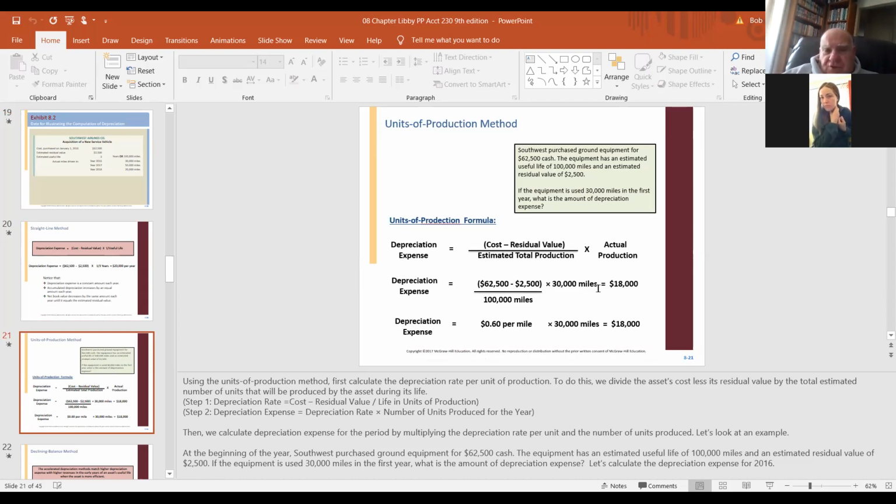In both these methods, straight line and units of production, when you're finished with the depreciation, the net book value will be the scrap value. Keeping in mind, you can never go below the scrap value with your net book value.